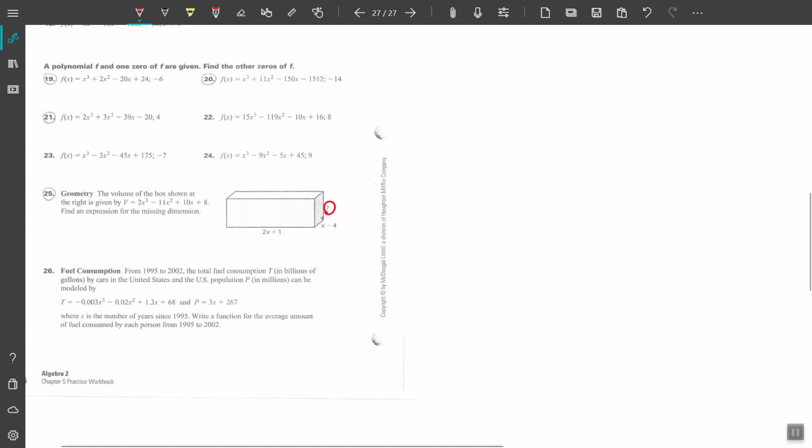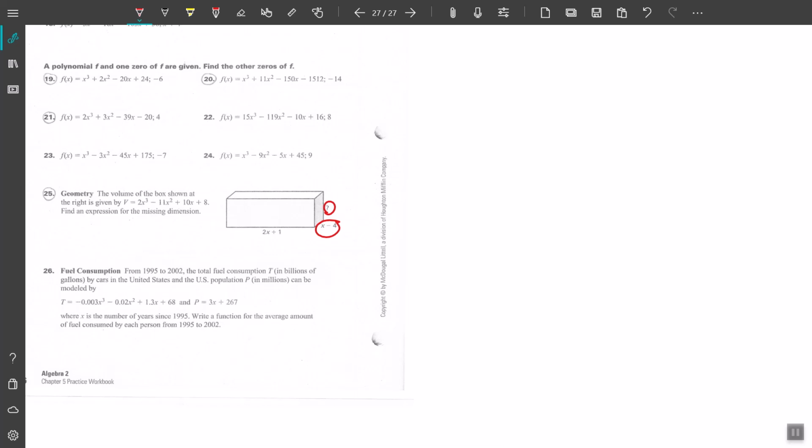So we can use one of these factors, and we're going to pick this one right here, the one with the smallest degree on it, and we can divide that factor into this polynomial, into the volume, and use that to find the missing factor here, the missing dimension of height.